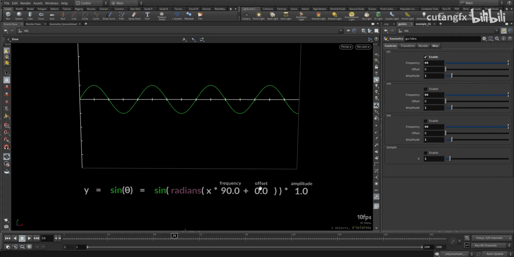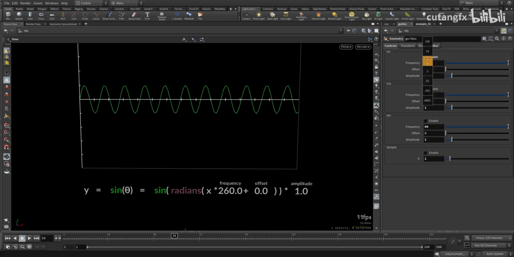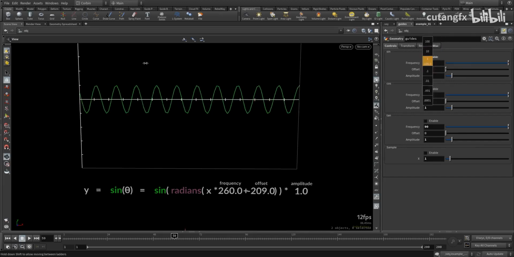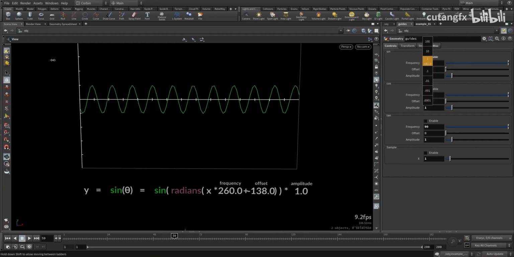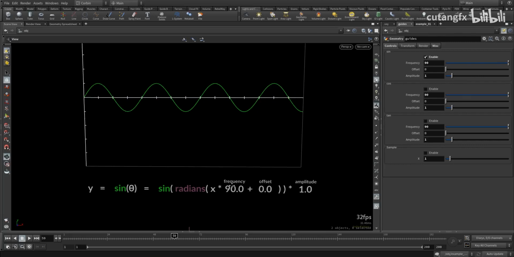If you add offset after frequency, then offset is isolated and it does only what it does. It doesn't matter if our frequency is really high, our offset moves the points at essentially the same speed. So it's very important to understand that.